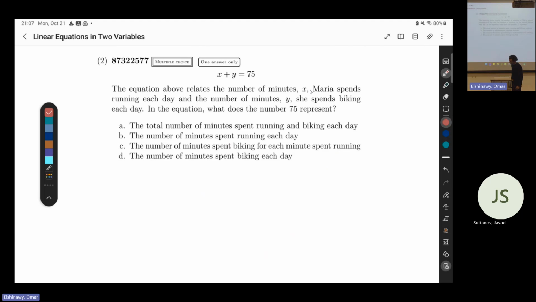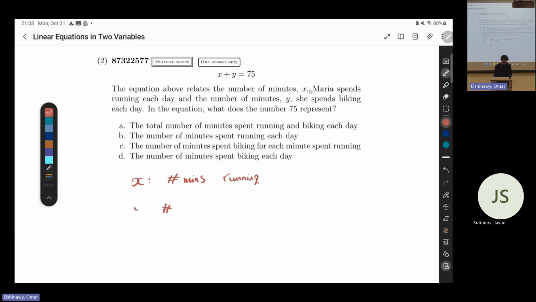So here we have the number of minutes for Maria, who runs and bikes. So Maria is very, very sporty. And there's a total of something, which is 75. X is the number of minutes running.